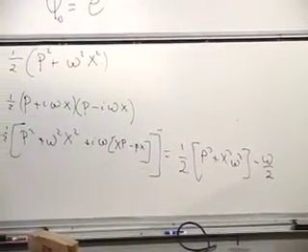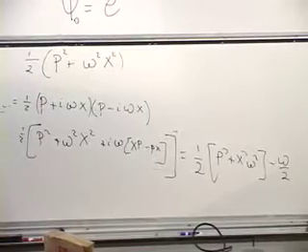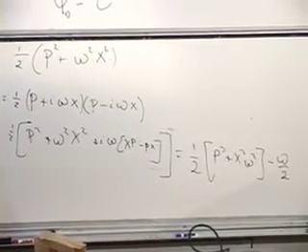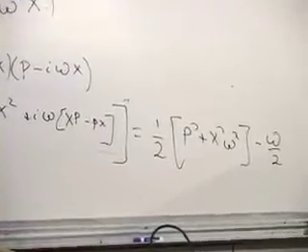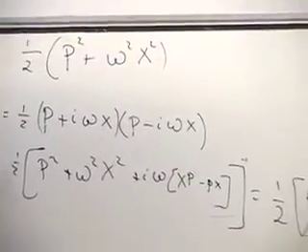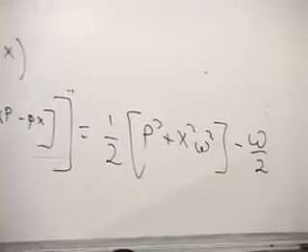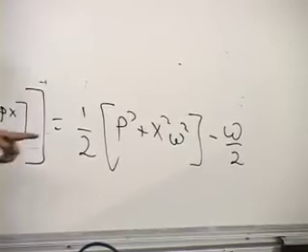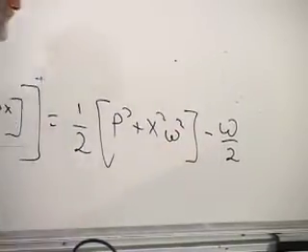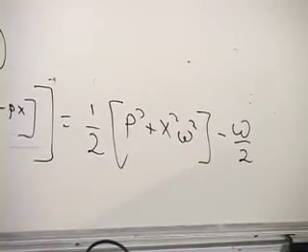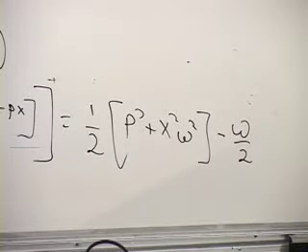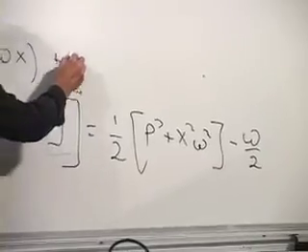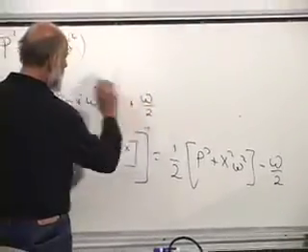I've taken into account the factor of 1/2 here. So the right thing to write then, this here is not p squared plus omega squared x squared. It differs from p squared plus omega squared x squared by omega over 2. So if I really want to write this quantum mechanically, I have to add plus omega over 2, right?